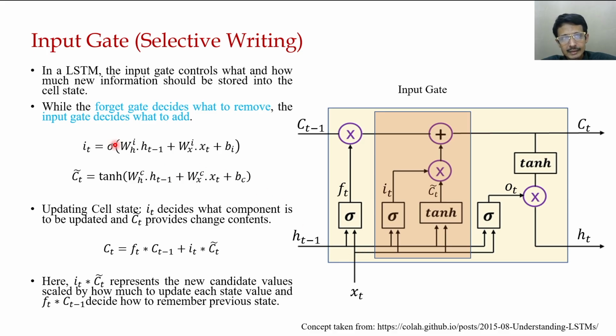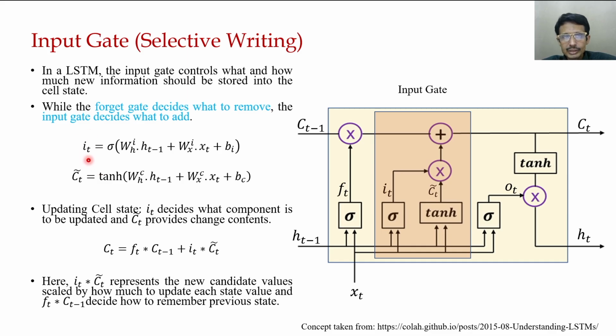Now the question is how much of this information should be stored into the cell state, and that is going to be determined by the input gate. So what we have seen is, forget gate decides what to remove, whereas input gate decides what to add.